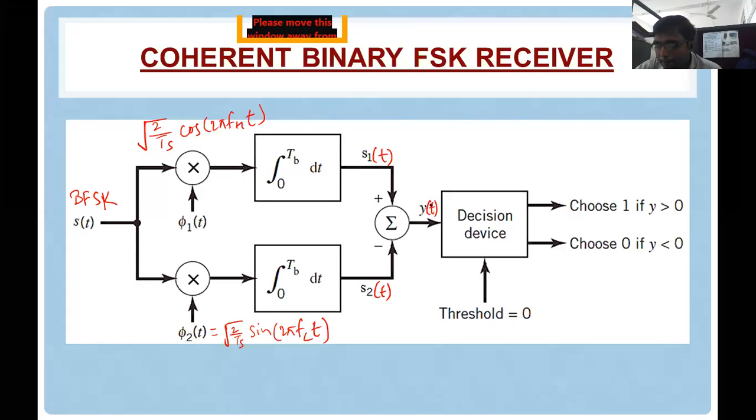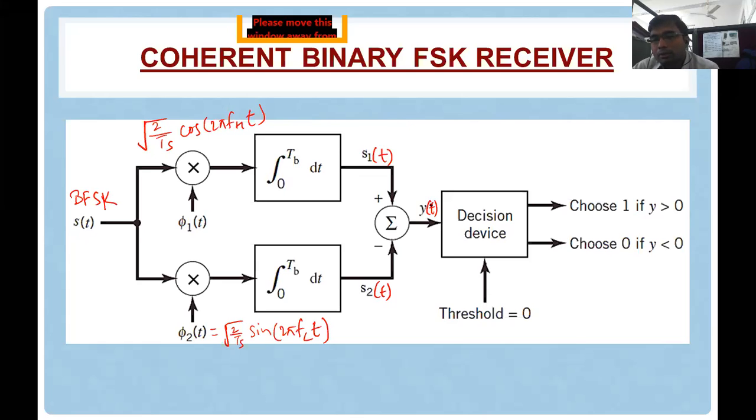Generally, S1(t) would be greater than S2(t) in that case. Finally, you see the output of the mixer, where S1(t) and S2(t) are merged to generate the output signal y(t). This y(t) is then fed to a decision device with some threshold level.